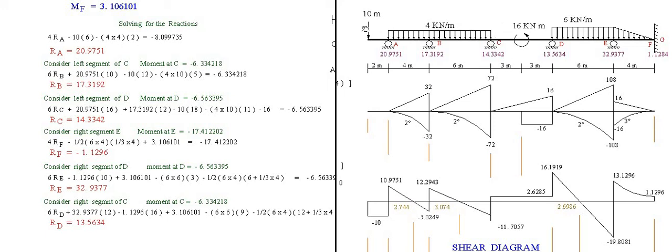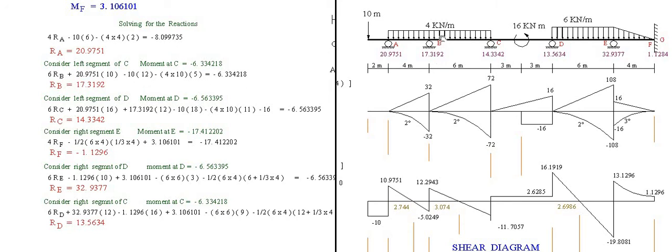The sum of the moments on the left is actually counterclockwise. Then moment on the left equated to moment on the right. Okay, so moment on the right is minus 63341.